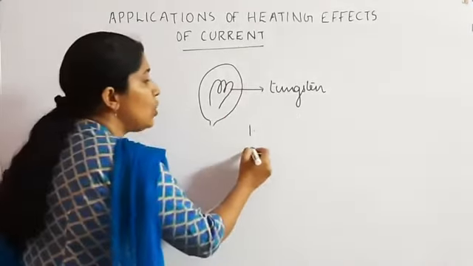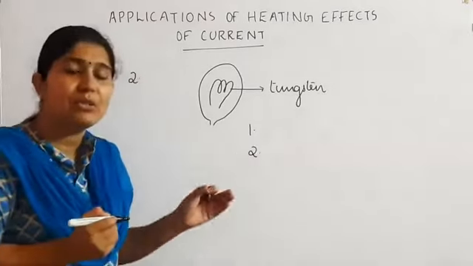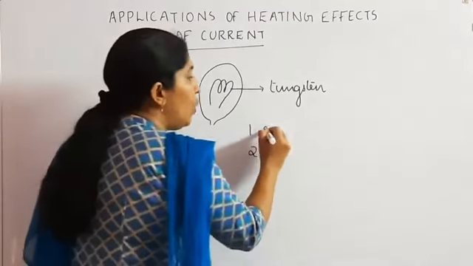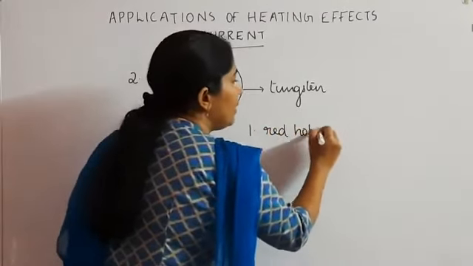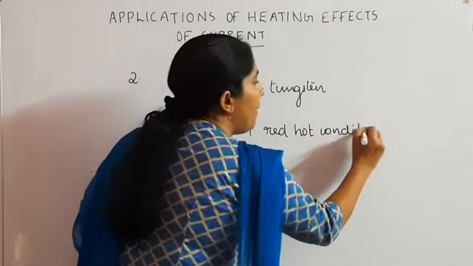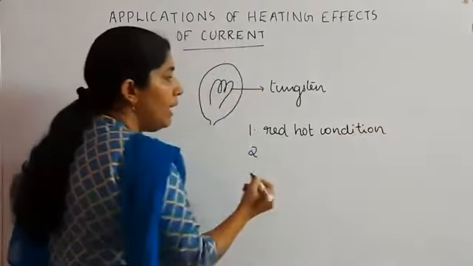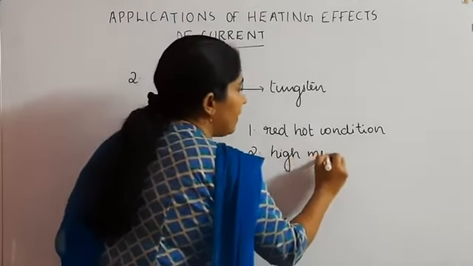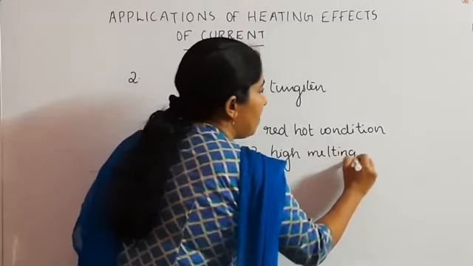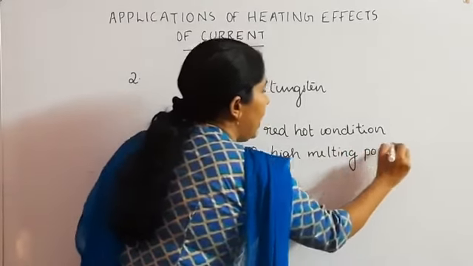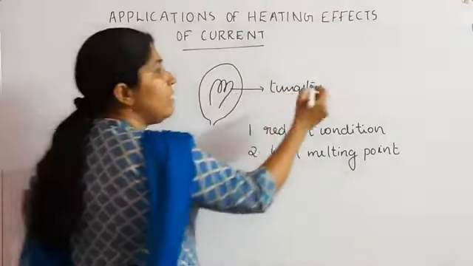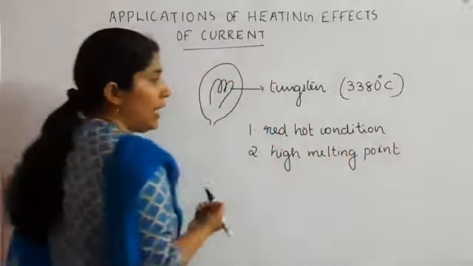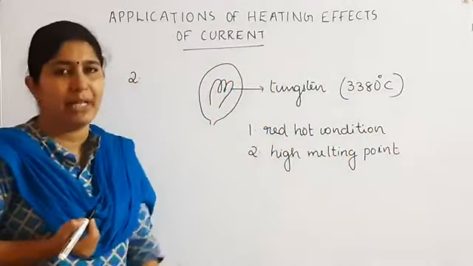The second point is that it does not undergo any melting, that means it also has a high melting point. This tungsten can withstand up to 3380 degrees Celsius.